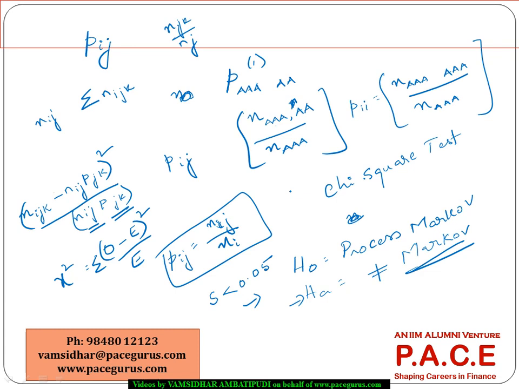All these things can quite comfortably be evaluated, and decisions regarding the long run probabilities and long run behavior of a process can be predicted, provided it follows a Markov chain process.